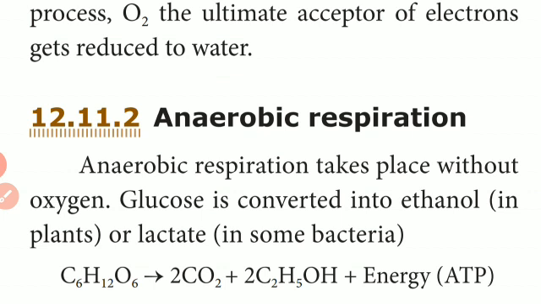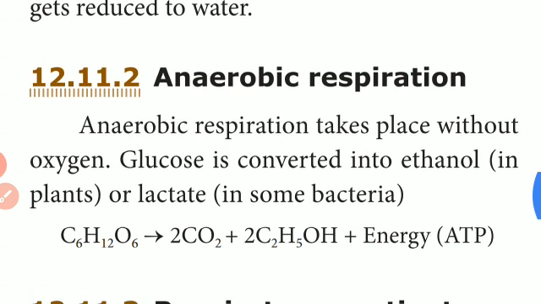The next respiration we call is anaerobic respiration. Anaerobic respiration takes place without oxygen. Aerobic respiration always takes place in the presence of oxygen, but anaerobic respiration always takes place without oxygen. Very simply, anaerobic respiration has no need of oxygen. Anaerobic respiration normally happens in unicellular organisms like bacteria.